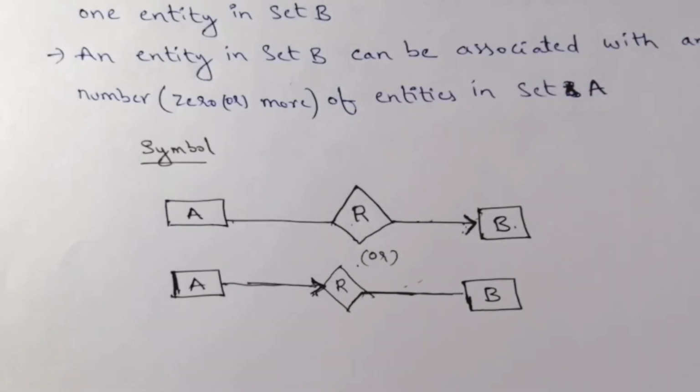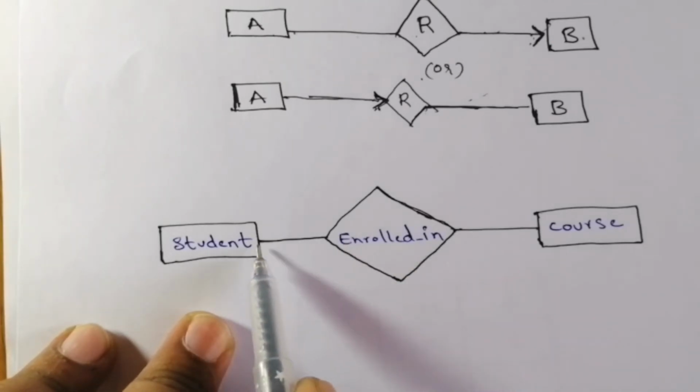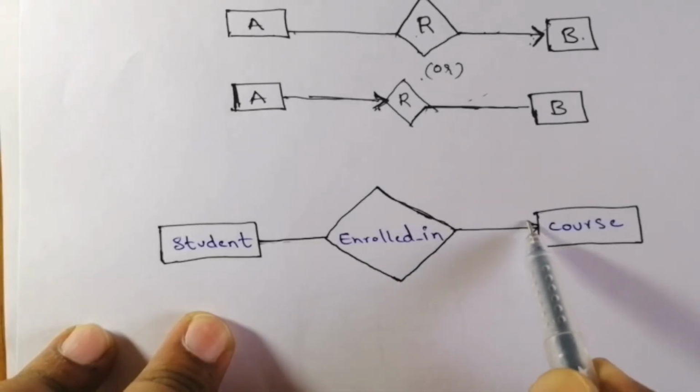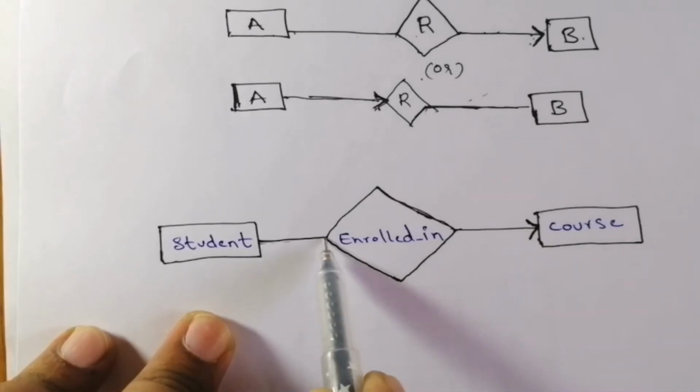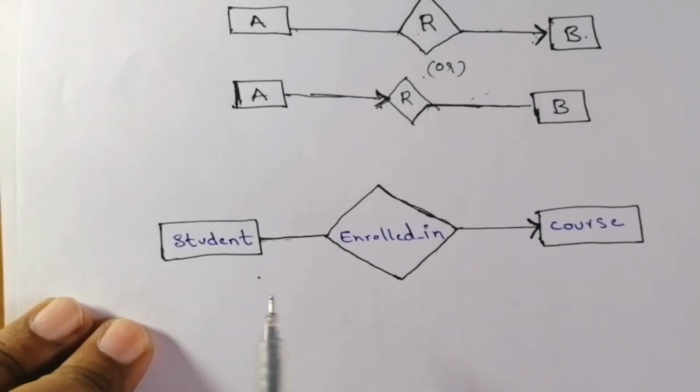So let us take the same example. It is a many to one cardinality. Here it is many, and for the one we are going to specify the arrow mark. We can specify the arrow here or else here also, right? So what does this mean? It is a many to one relationship.